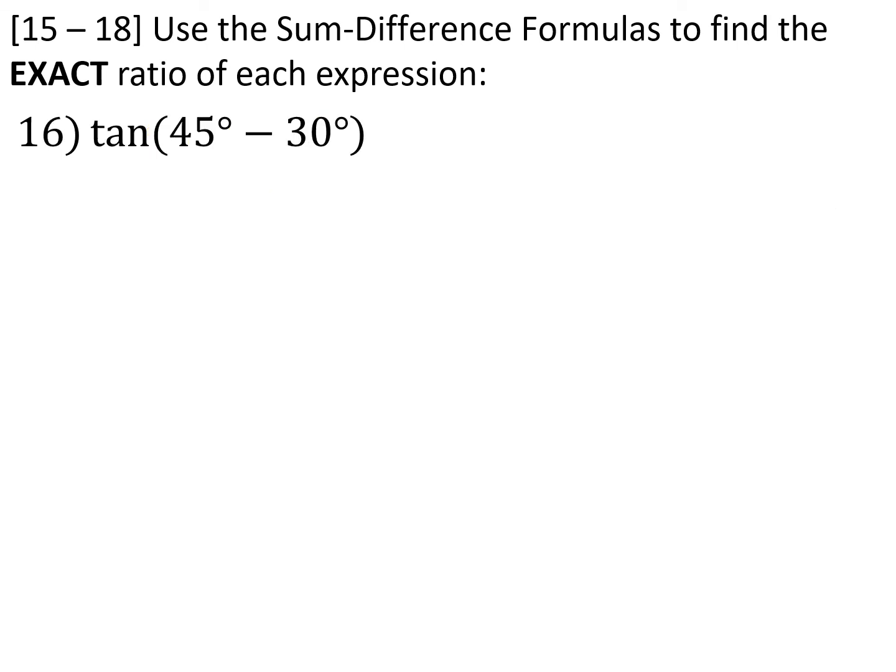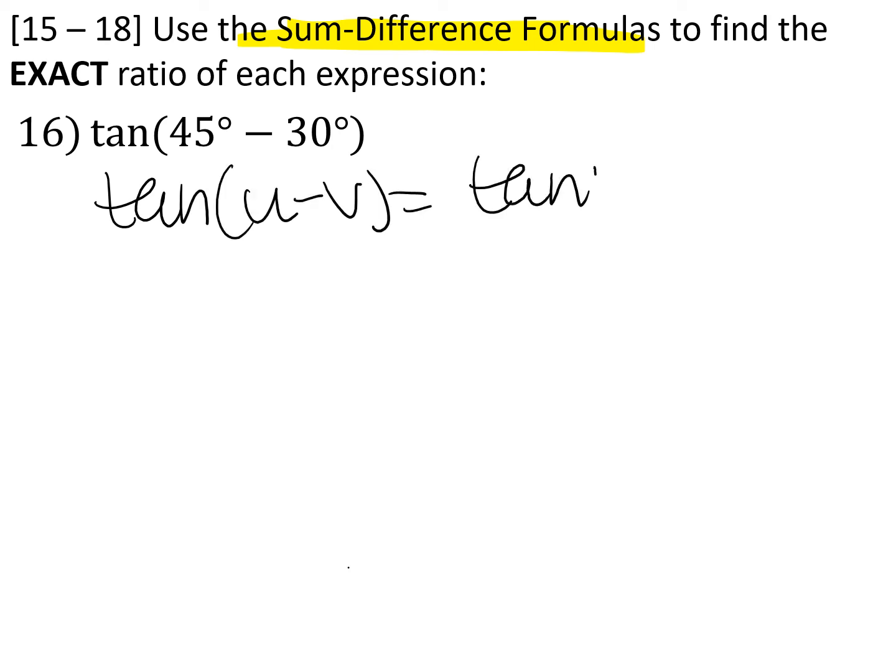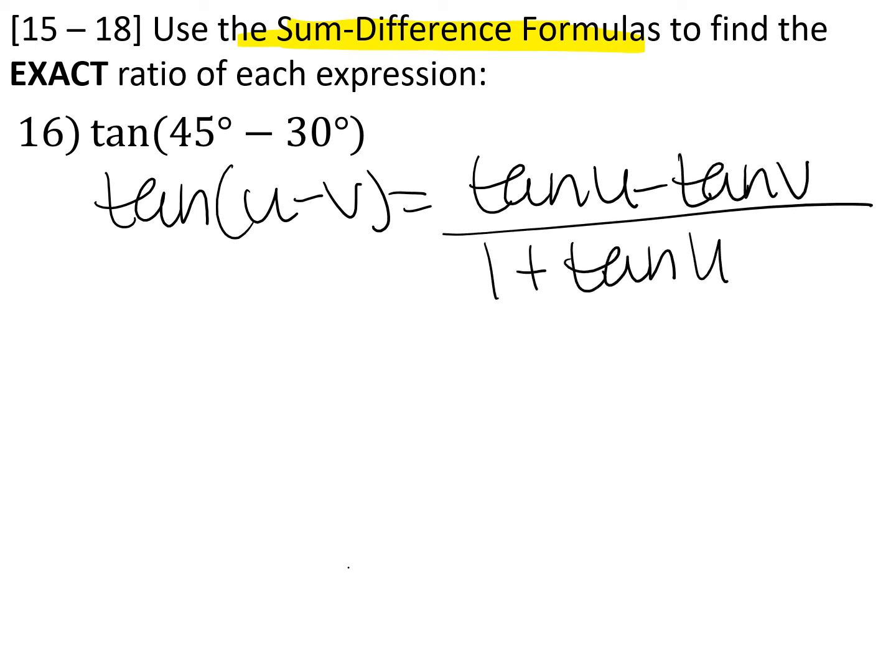Alrighty, and then this one here, again, we're doing sum and difference, but this time we're going from the angles, and we're going to try to get a ratio. So here I have my formula: tangent of u minus v is equal to tangent u minus tangent v over 1 plus tangent u tangent v.